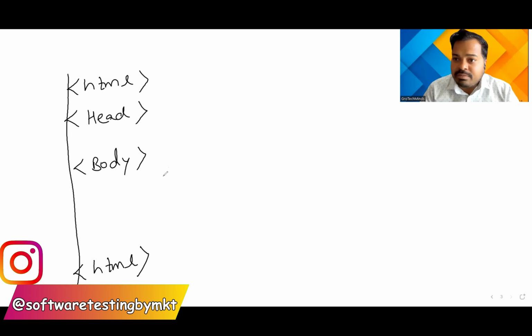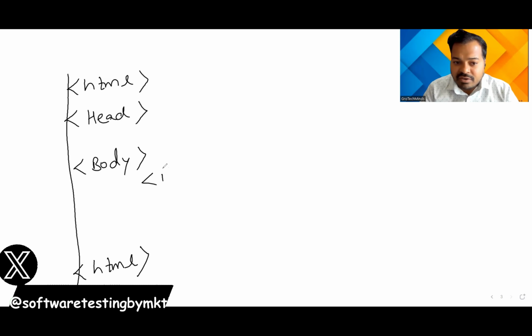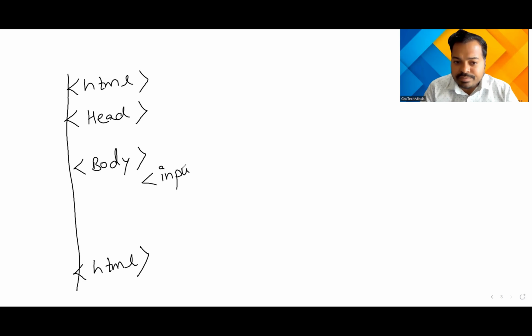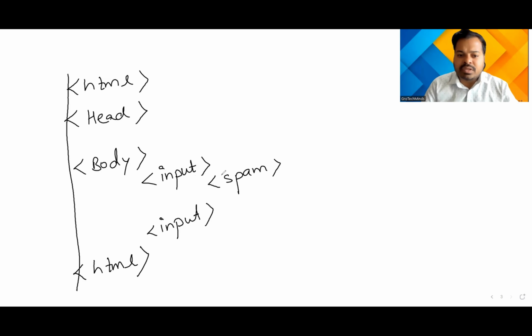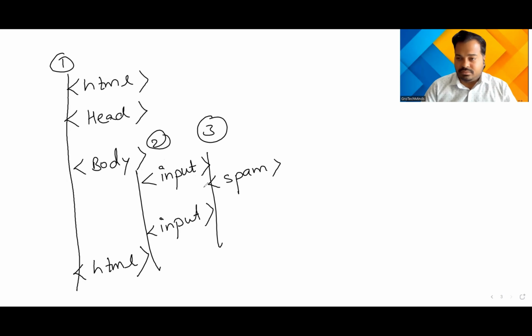Now, inside body, let's say your second generation is starting from here, INPUT and INPUT. And suppose here you have span. Tell me frankly, now how many generations are you able to see? This is your first generation, this is your second generation, and this is your third generation. Okay. Let us do one program, you will understand better.